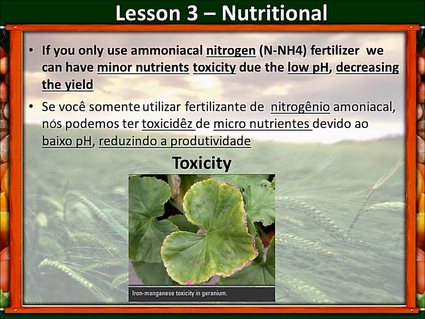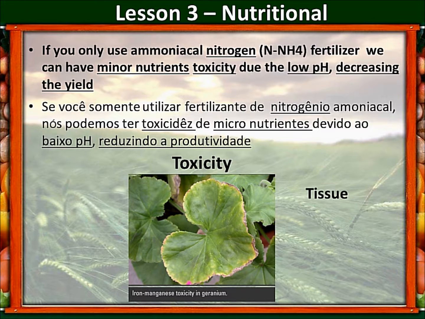So here we have an example of iron and manganese. Manganese. Magnésio? Não, manganês. Toxicity, toxidez em geranium. Note que é na folha velha, older leaf, accumulation of toxic levels, acumulação de níveis tóxicos, on the tissue.